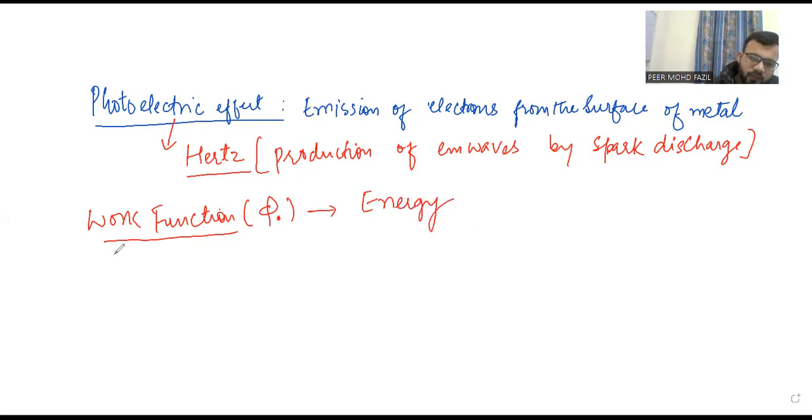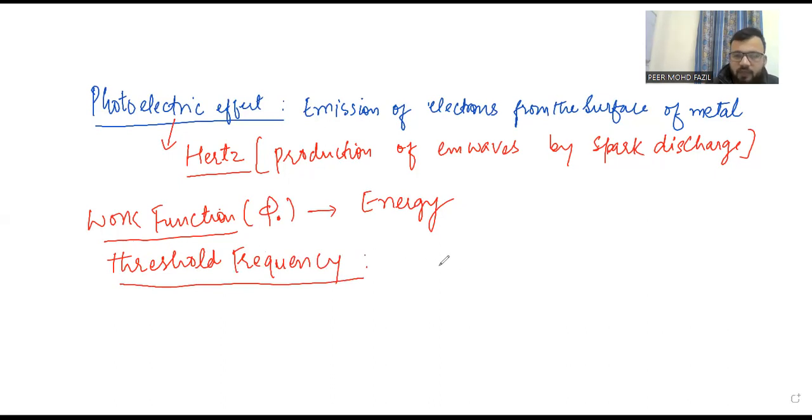The concept of threshold frequency is similar to work function, but here we are concerned with frequency. That is the minimum frequency we must have so that a metal may lose its electron when light or radiation of that frequency is allowed to fall on the metallic surface.